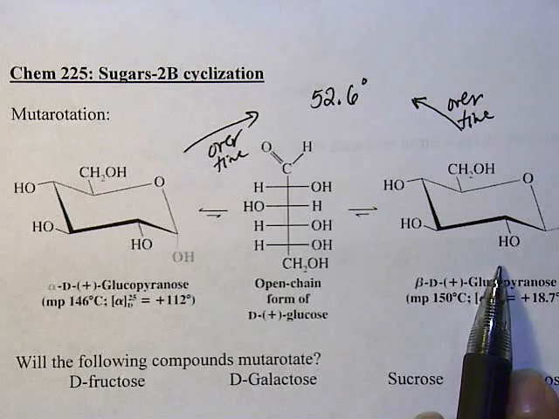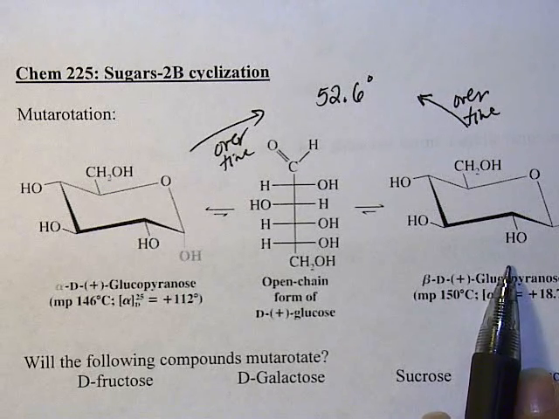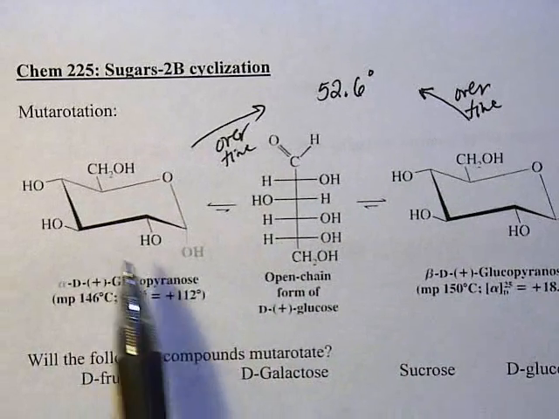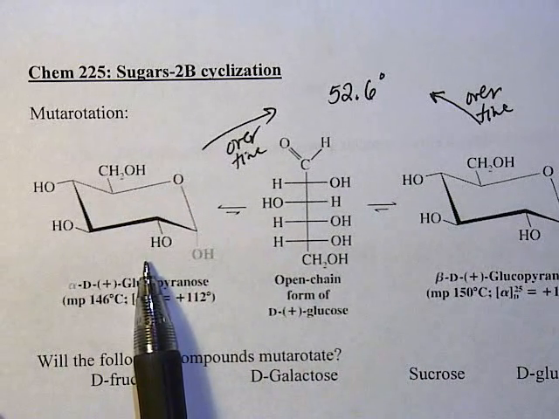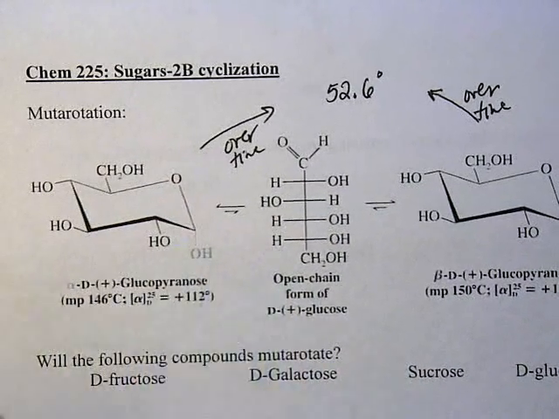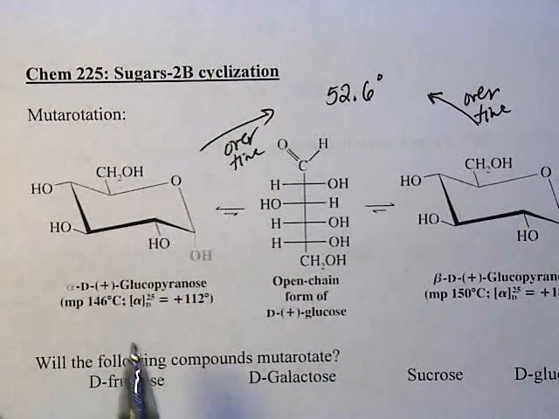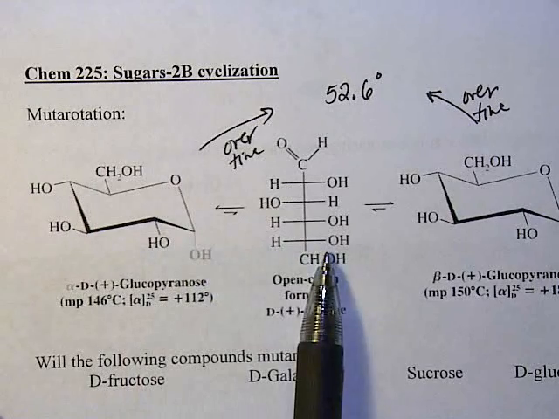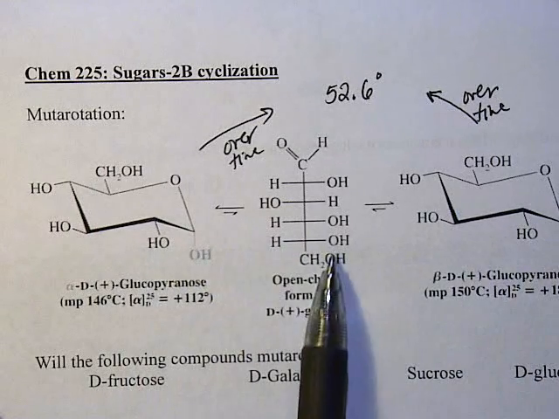All right. So that is what's happening in water. So at any one time, whenever you have the glucose in water, you have the cyclized form to start with, but at any instant it is opening and then closing, opening and closing.